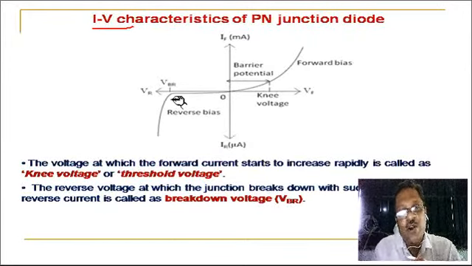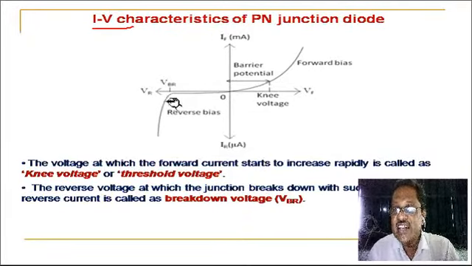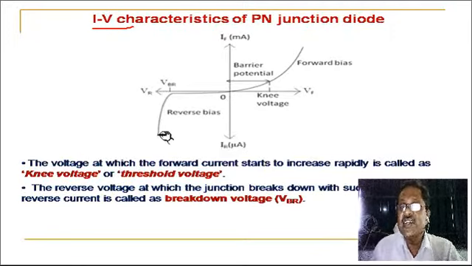As the covalent bonds break, there is a sudden rise in the current, and this sudden rise in current will break the junction. Therefore the voltage at which the reverse current increases very rapidly is called the breakdown voltage, which is denoted by VBR.